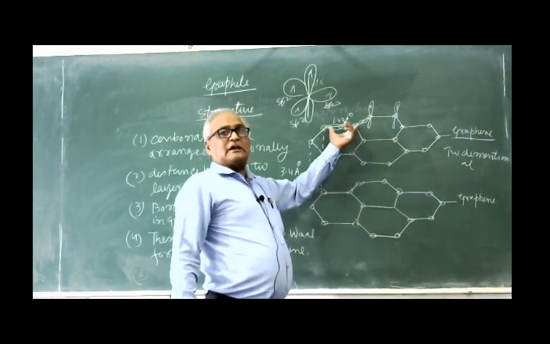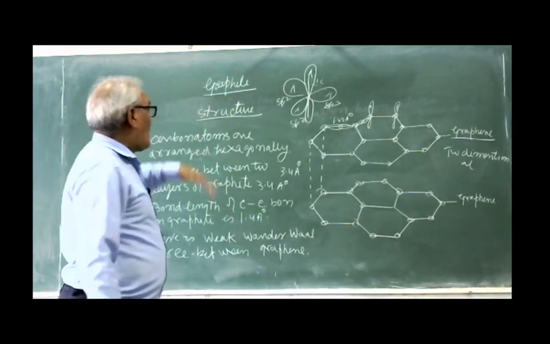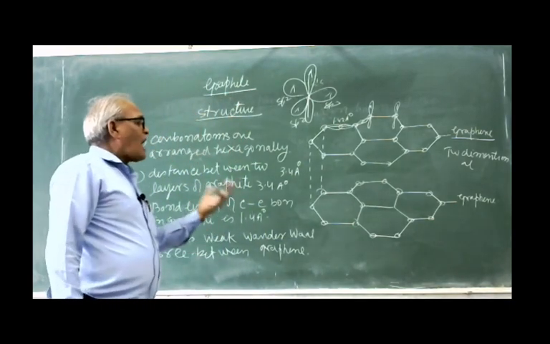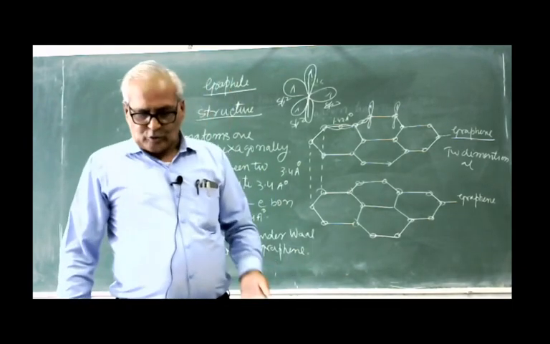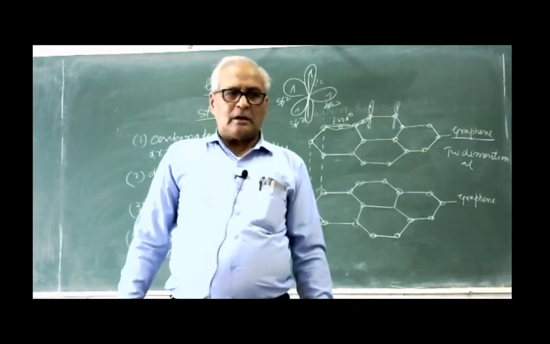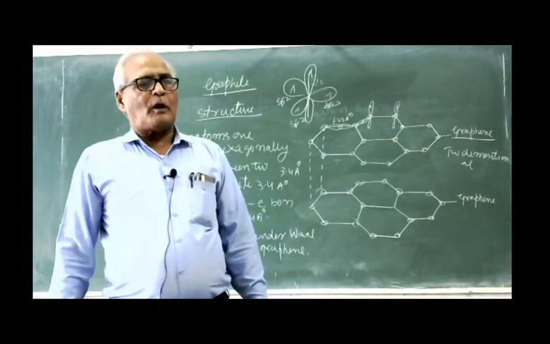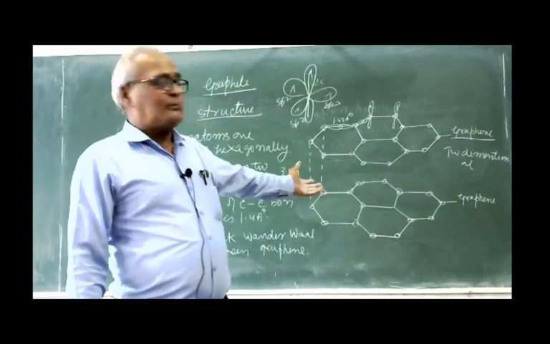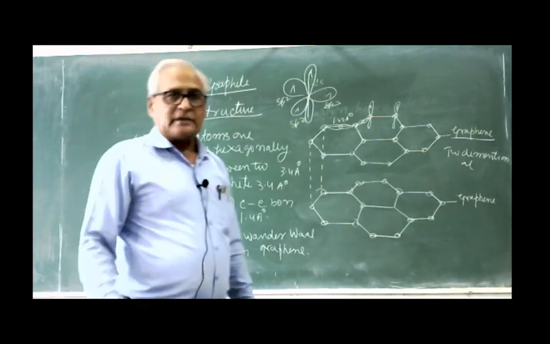Carbon-carbon bond length is 1.4 angstrom. So in this way, you have very clear idea about the structure of the graphite. So if anyone asks about the structure, you have to explain all these points, the structure will be clear. Thank you very much.